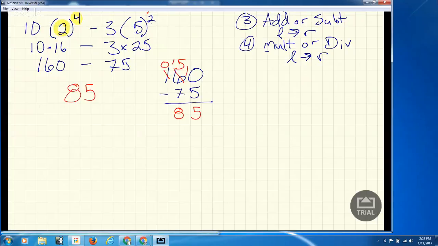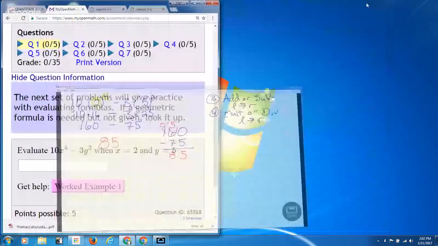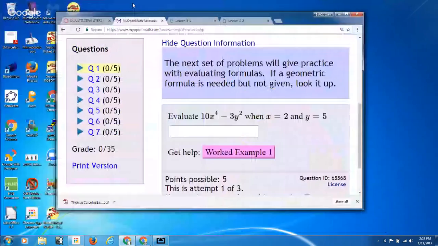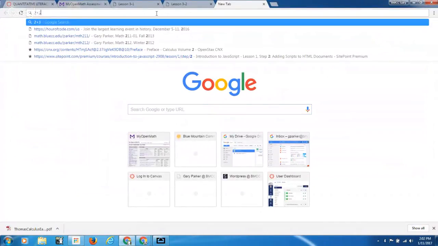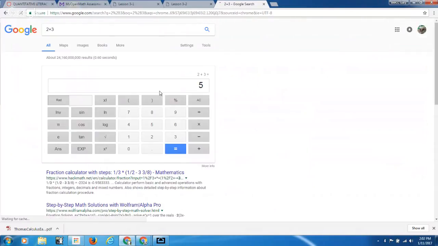And we could always plug into a calculator. I don't know if you ever noticed that Google is a calculator. For example, if you open up a web browser like Chrome, and in the search bar you type something like 2 plus 3, it whips up a calculator.